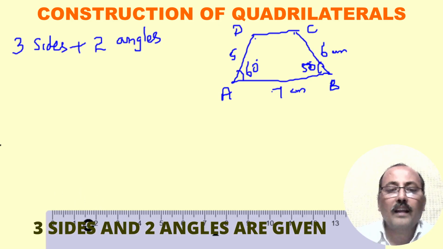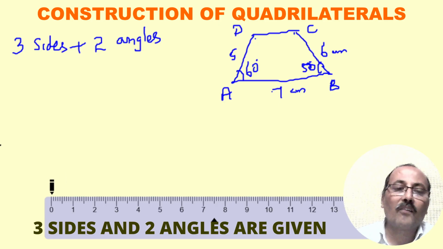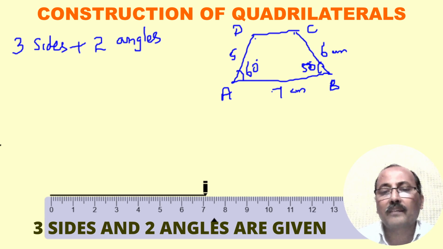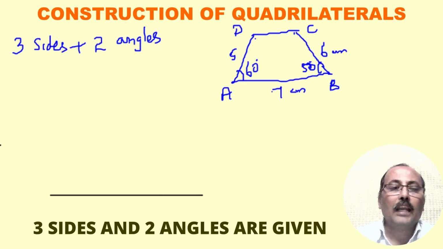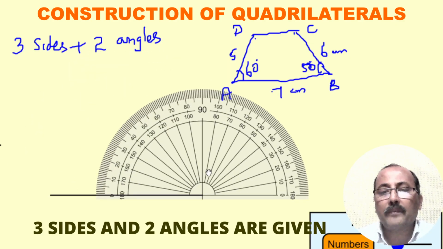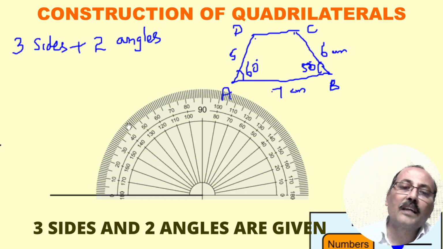Take the ruler and draw a line segment of length, how much? 7 centimeter. Okay, 7. Now, with the help of protractor, keep it at B and draw an angle of 50 degree. 50 means from here to there.